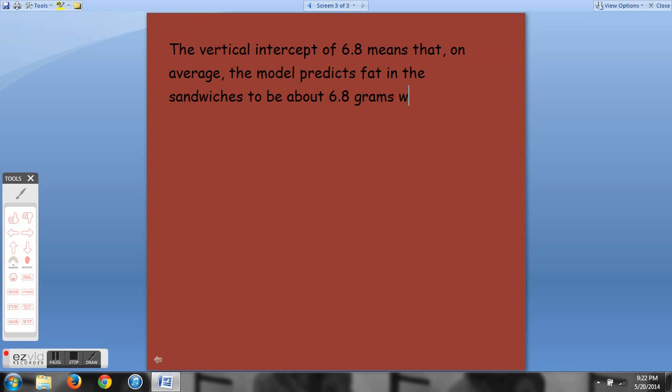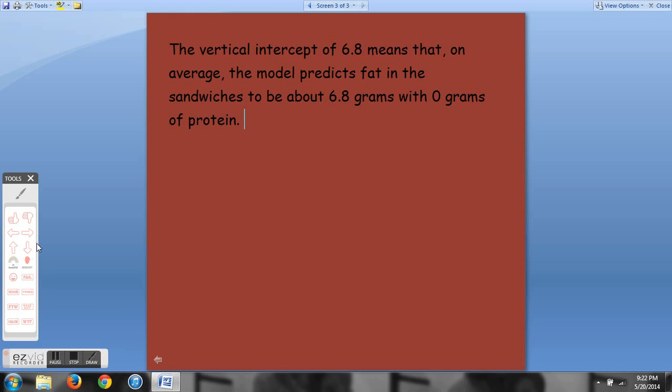As I'm typing very slowly, I can ramble on about the explanation. Just make sure that you have your key points, your on average, and the fact that the model predicts, because again, the least squares regression line is just a prediction and an estimation. Without these key points, your interpretation will be incorrect.